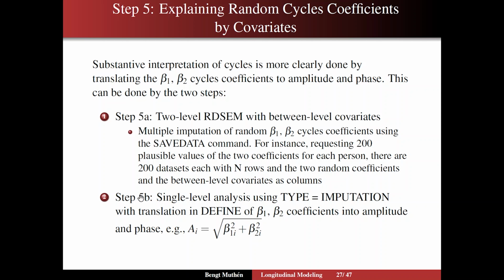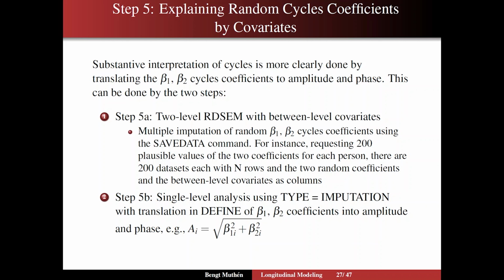Step 5b then is a single level analysis using type equals imputation. That's the data type, and translation in the define command of the beta coefficients into amplitude and phase. So for instance, we see the amplitude for individual i is that formula we saw earlier, square root of the sum of the squares of the beta coefficients.